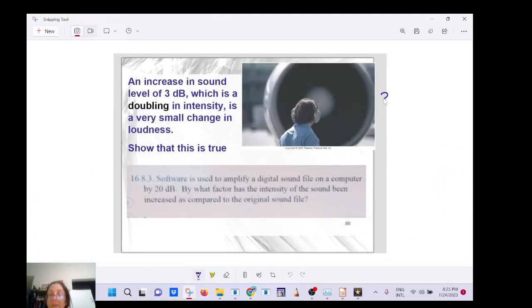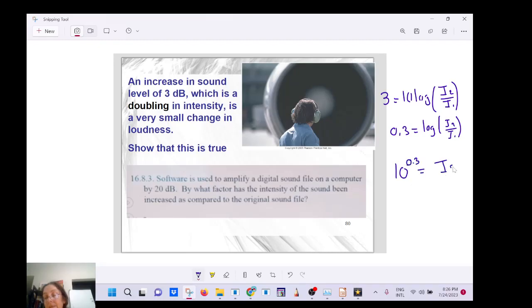Because that means 3 equals 10 log, and you are comparing two intensities here. So that's going to be 0.3 equals log, and the log is the exponent that you put on base 10 to get the inside of the log. That's going to be about 2.